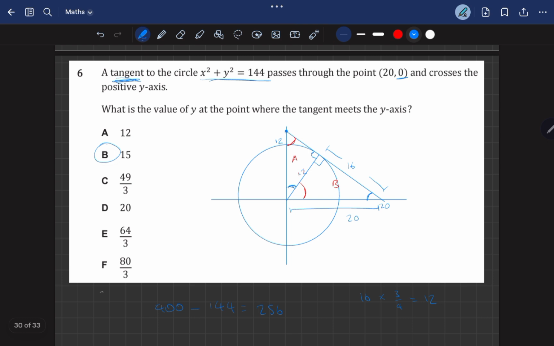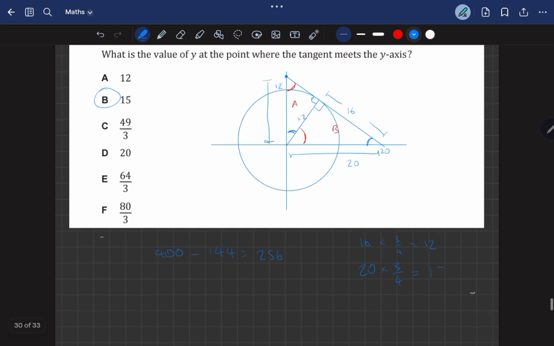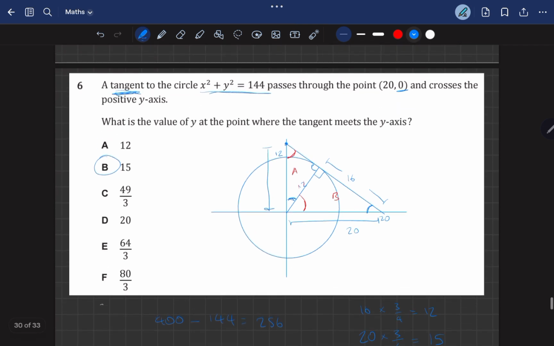So the scale factor enlargement from B to A is 3 over 4. And if I rotate B onto A, the corresponding side of this right here is going to be 20. So if I do 20 times 3 over 4, I get 15, which matches our original answer.